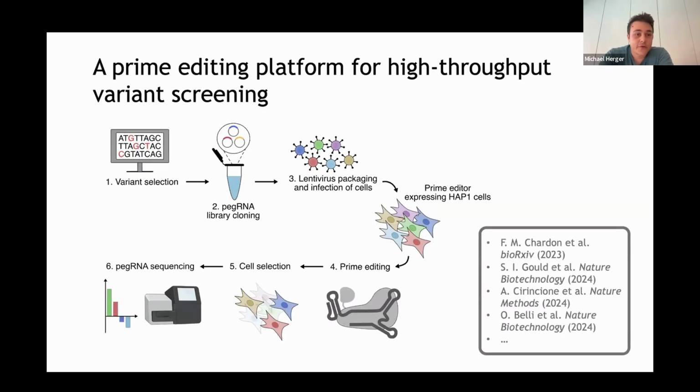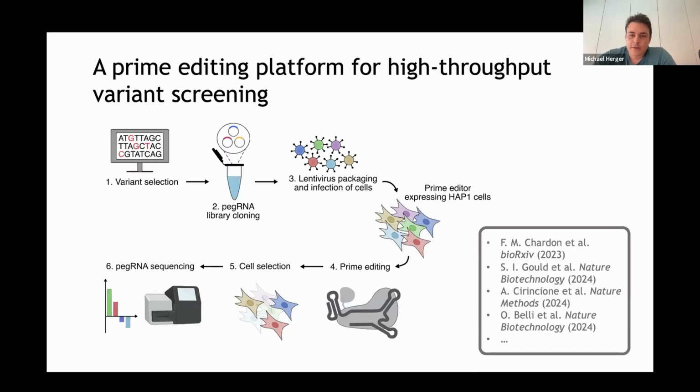However, the fundamental steps of the screening procedures are generally shared across all of these. They include first the computational prioritization of a set of variants, and then the design of a corresponding pegRNA library. This pegRNA library is then synthesized and cloned into a vector for lentiviral packaging. The resulting lentiviral pool is then used for the transduction of cells already expressing a prime editor.